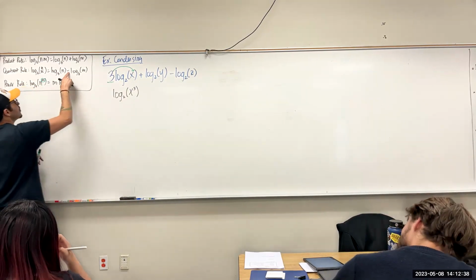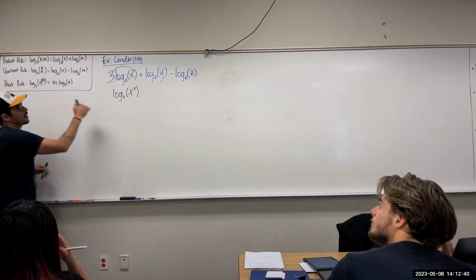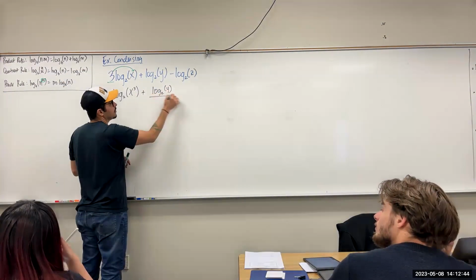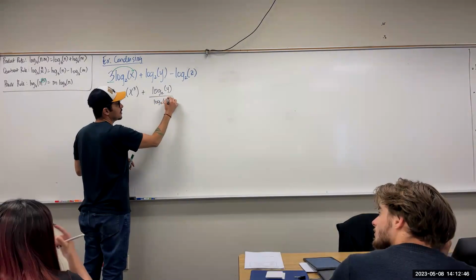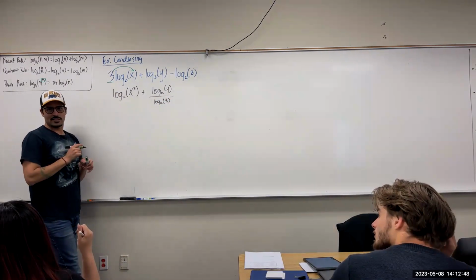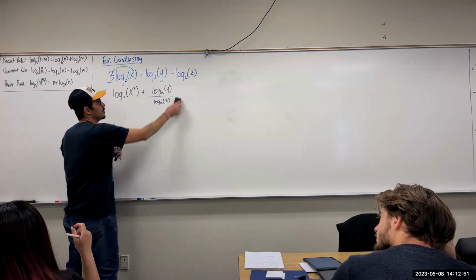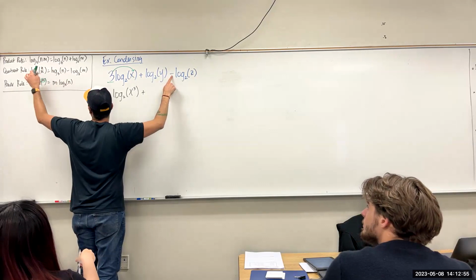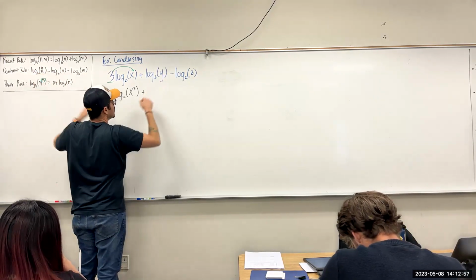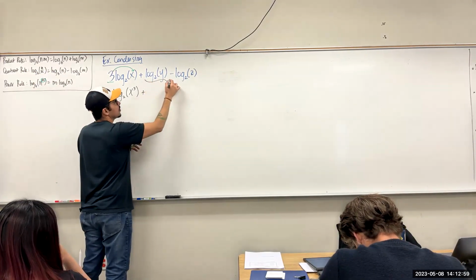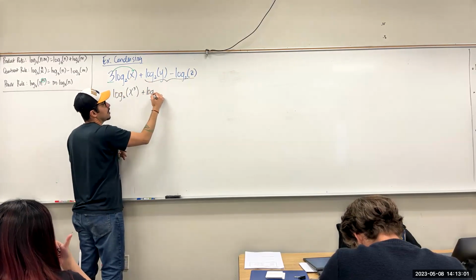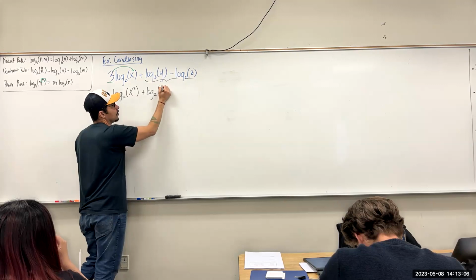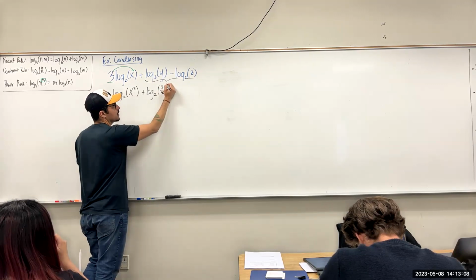If I use the quotient rule, be careful, it's not log base 2 of y divided by log base 2 of z. It's gonna be tempting, okay? But if I'm subtracting outside, I divide inside. So this right here uses a quotient rule, and it becomes log base 2 of y over z, inside the log, y over z, exactly.